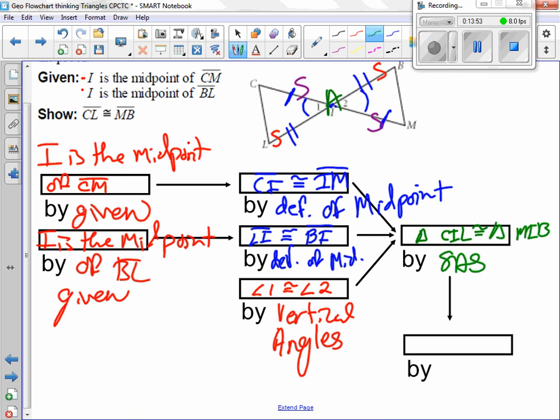So now that we have the two triangles are congruent, we can say any of their parts are congruent as well. Yes? So we wanted to show that CL and MB are congruent. Well, yes, I can say that CL is congruent to MB by what?